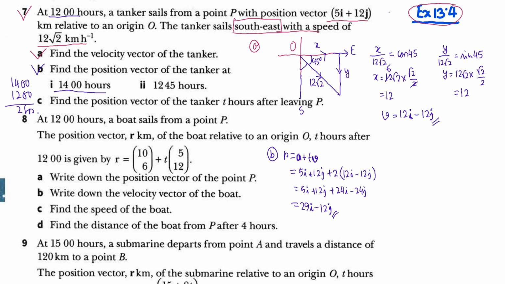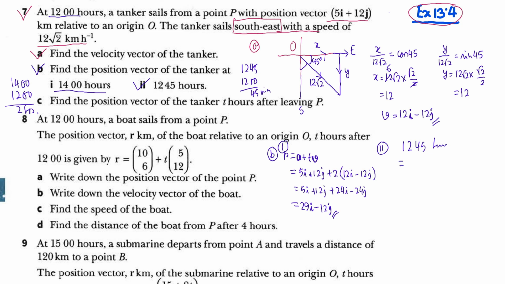The next question is 12:45 hours. So what does it mean? 12:45, if we subtract the 12, because it's starting point, it gives us 45 minutes. The second question we are doing, we got the time at 12:45 hours.